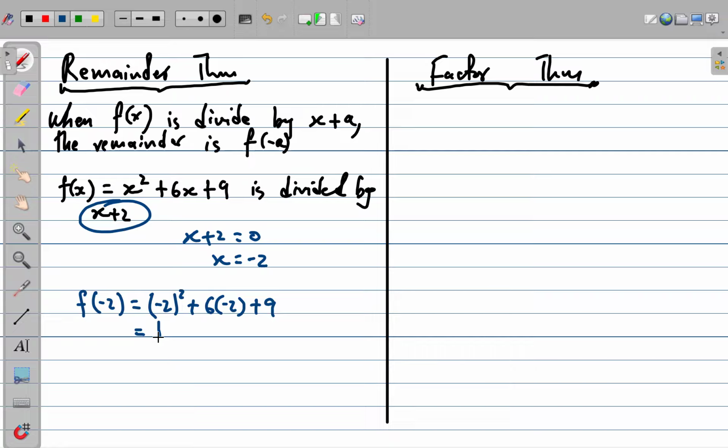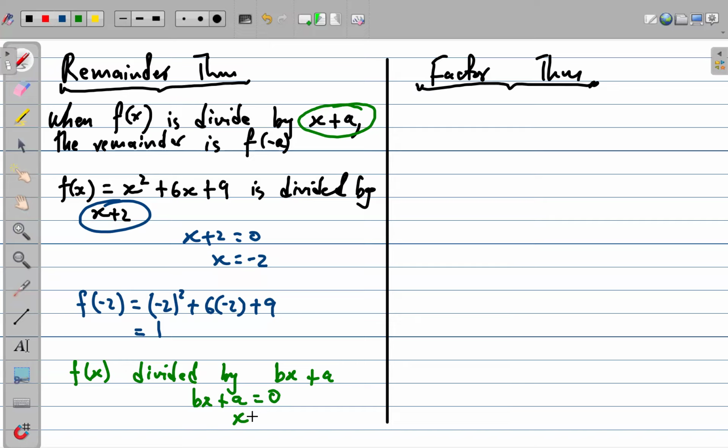Now, sometimes what happens is you don't get to divide by a nice linear factor like that. Sometimes it happens that you have f of x divided by, let's look at this one, by bx plus a. So in this case, you will have to again sort of solve for x.